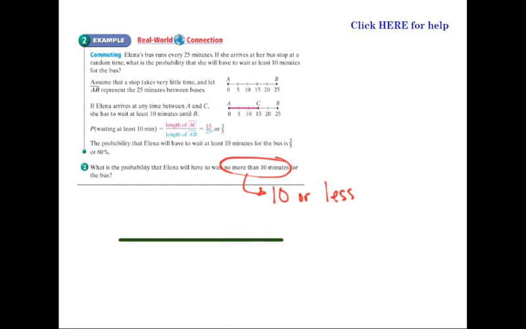So if we were to redraw this, I have A and B, that's the total time range, that's 25 minutes, 0 minutes to 25 minutes, and then 10 minutes means that she's 10 minutes from the bus coming, and the bus coming is B, right? If she shows up 1 minute after point A, she's got to wait 24 minutes to get there. So if we go backwards from B, that's 10 minutes.